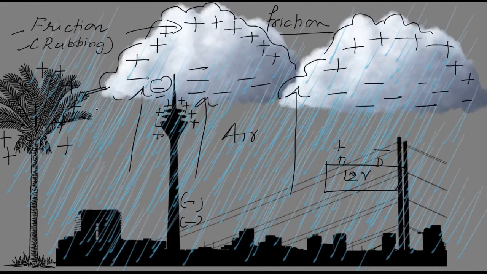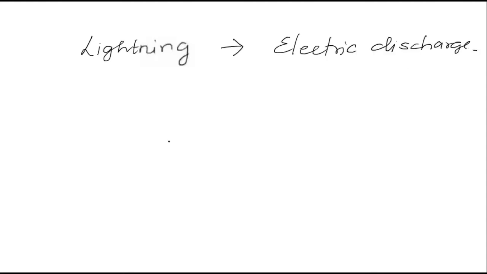Because the moisture is there in the atmosphere. Moisture is water particles, right? And due to that there is a sudden discharge called lightning. So to sum up, lightning is an electric discharge, right?